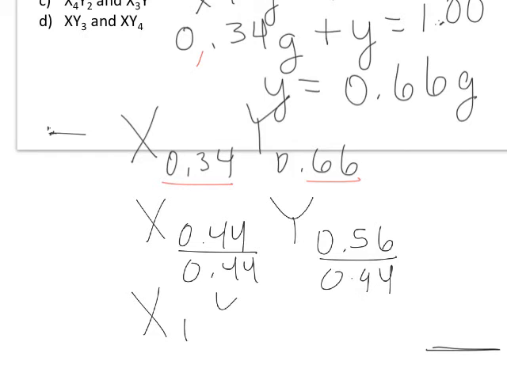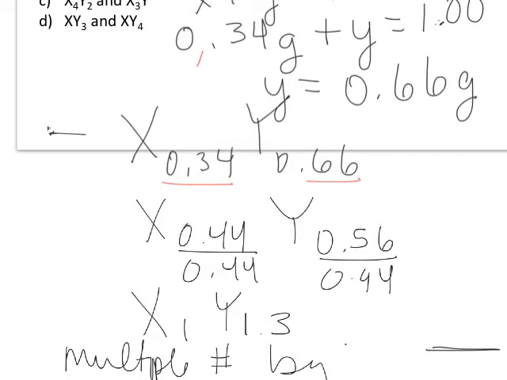So that's X1, and then this is Y 1.3. Well, we can't have 1.3, so we're going to multiply a number through both. You can multiply by 2, but that gives you 2.6. It's not close enough. But what if we multiply by 3?